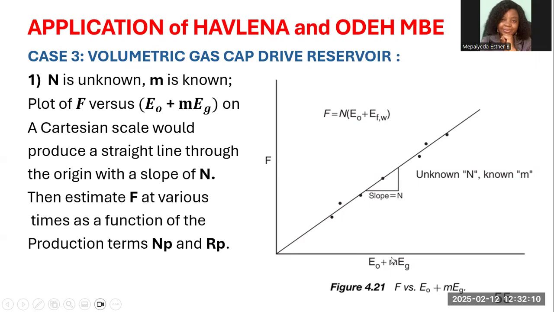In this case, M is known, so you'll be given your M. So your F against this gives your N. Then you can estimate your F at various times as a function of the production, NP and RP data given. That will be quite easy because you've already obtained your N, so you can slot in your N and obtain your NP and RPs.